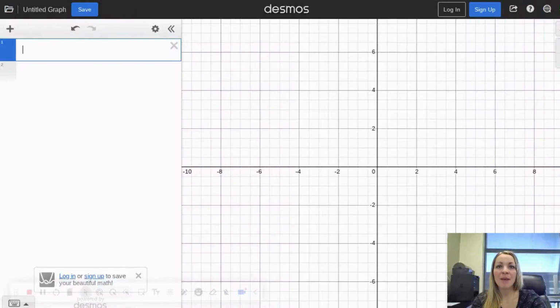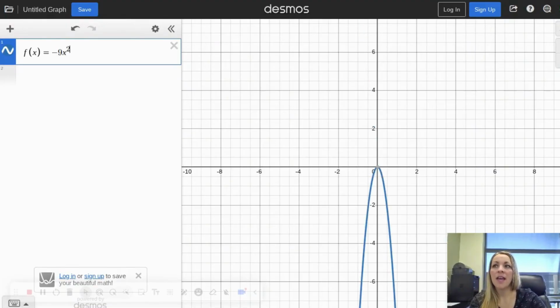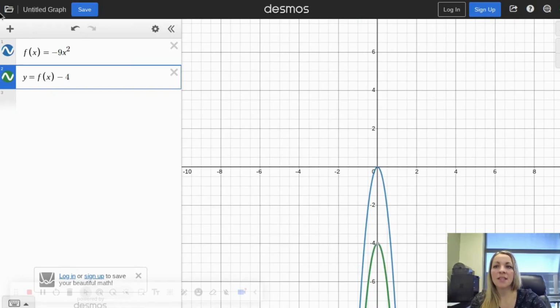Let's start by typing in the function f of x equals -9x squared. And it says that it needs to undergo the transformation y equals f of x minus 4. We can see that our original blue graph was here, and when we graphed the second one, it moved down 4. Our first answer choice was shifted down 4 coordinate points, so this one was answer choice A.